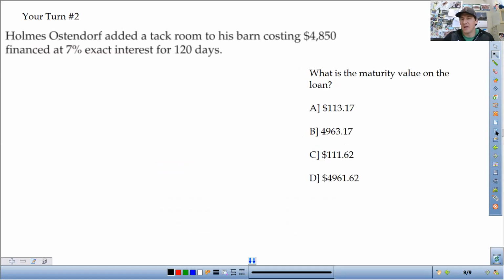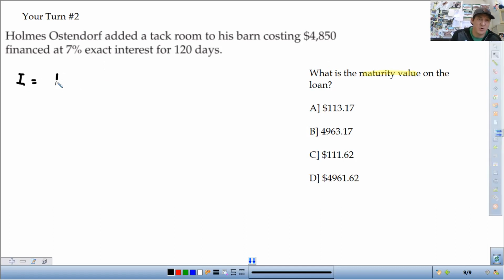All right, one last example. Again, pay attention to what the question is asking. Now it's asking the maturity value. So this one, you do need to take the interest and add it back into the principal to find out the maturity value. So we're going to start off calculating the interest first. This is exact interest, so that means the last part is over 365.